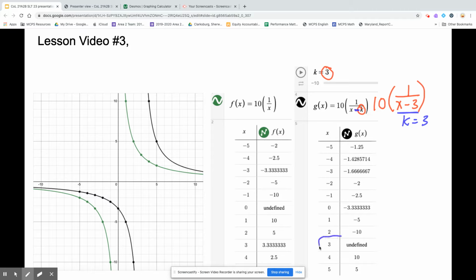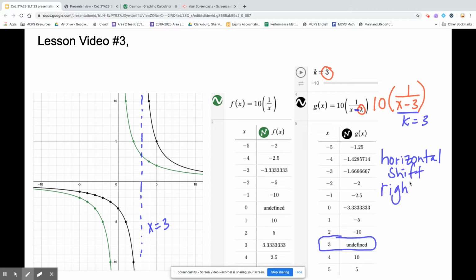I notice that my vertical asymptote here is at 3 because it is undefined, and I have a vertical asymptote here at x equals 3. This is a horizontal shift. Right 3 units.